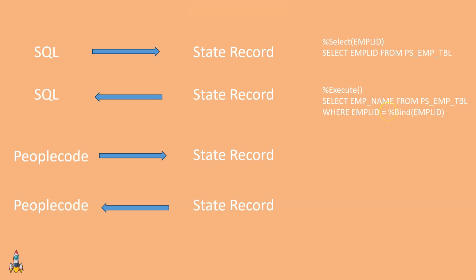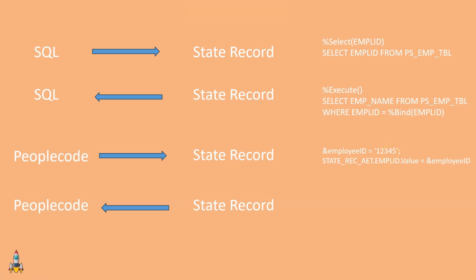The third scenario is how to set state record values using a PeopleCode statement. We can communicate with the state record fields using the format state record dot field dot value. For example, in this PeopleCode snippet, we have a variable employee ID storing the employee ID value.